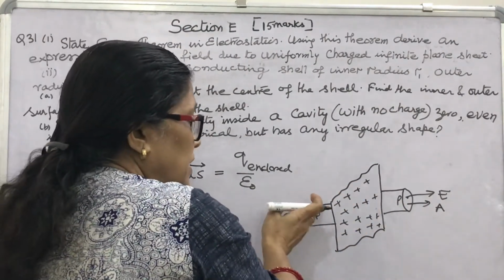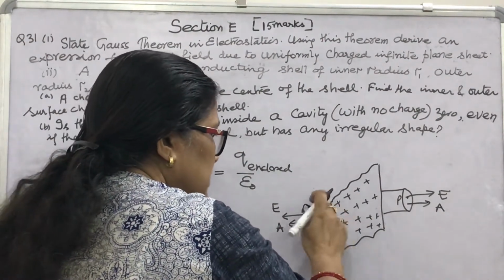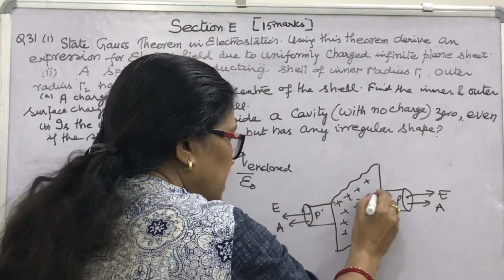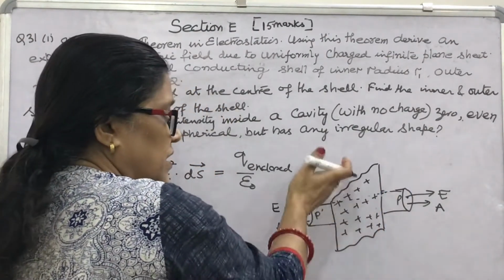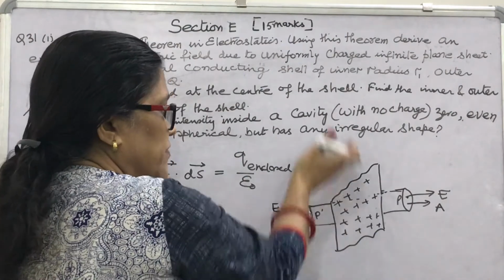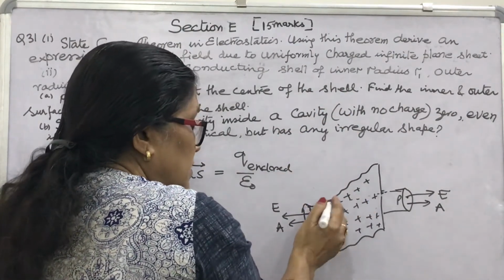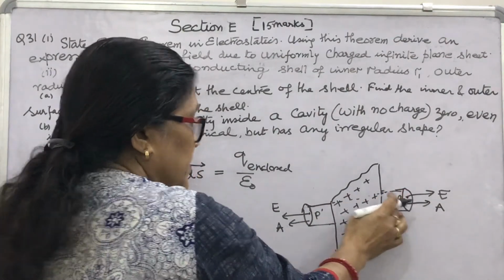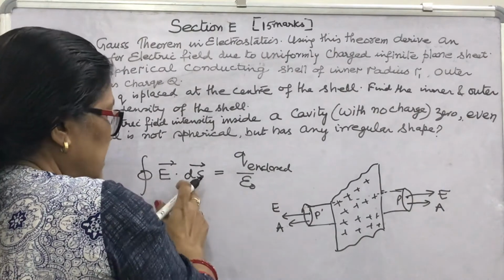E and A both are vectors, and for the curved surface of the cylinder, you will see that the electric field and area vector are mutually perpendicular. What is E dot dS, where dS is the area vector?